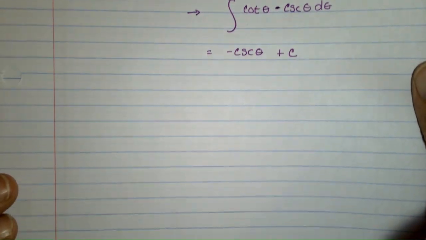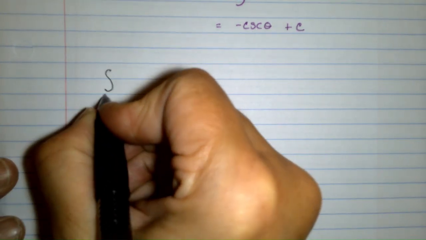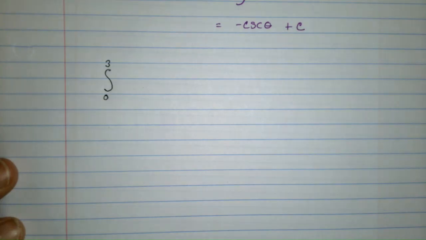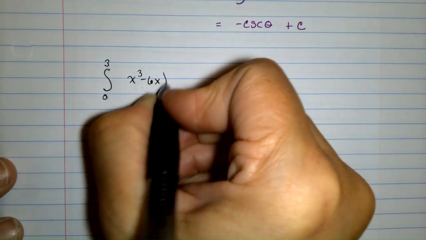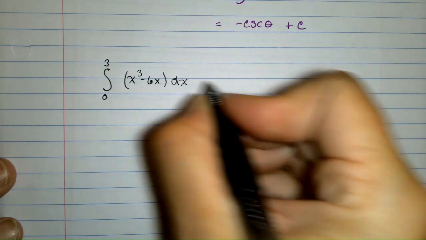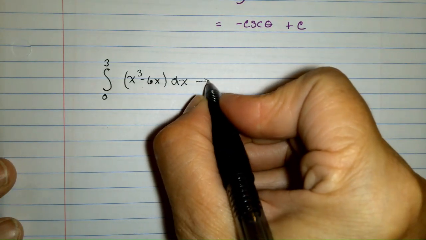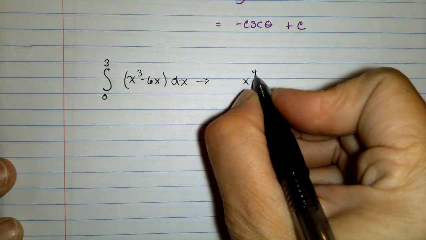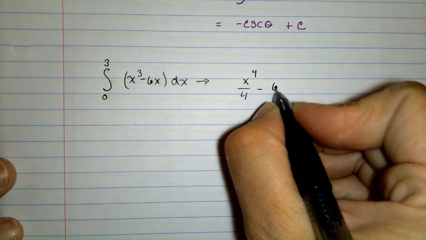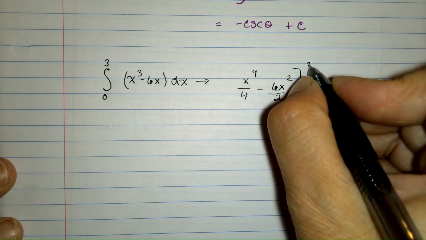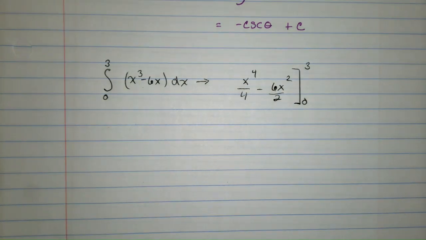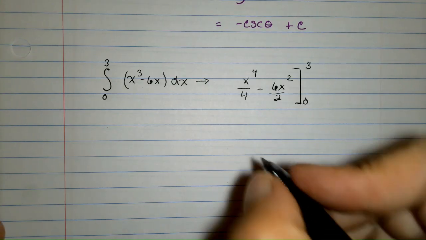All right, so let's take this and put it back with that fundamental theorem of calculus. The integral from 0 to 3. Oh, now I have a definite integral of x cubed minus 6x dx. And that will give us x to the 4 over 4 minus 6x to the second over 2, from 0 to 3. I was able to not write plus c's because I had my upper and lower bounds.